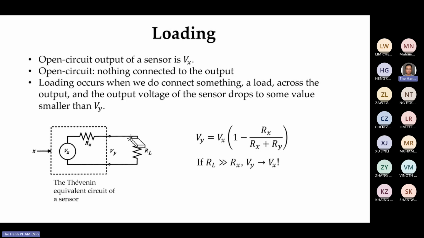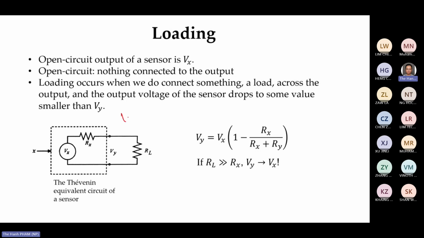Then the voltage you can get by the second subsystem is not Vx anymore. So the voltage you have here is called Vy. This is the voltage the second subsystem can get from the first subsystem, which is a sensor. It is not Vx anymore. Why is it not Vx? Because you have two resistors in series, and then you have to apply the voltage divider rule, right?